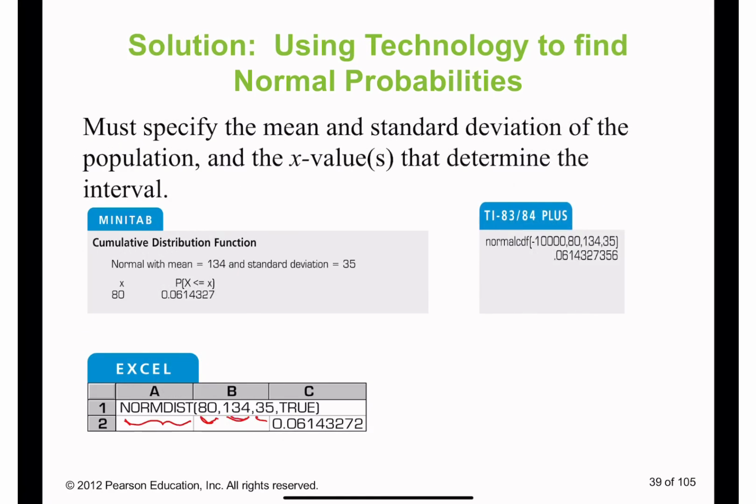The second number is going to be your average. The third number is going to be your standard deviation. And for the last one you put true, because whatever the question will be, you can read it. That means it's a true case. And with this function, norm distribution, you will get the answer 0.0614.